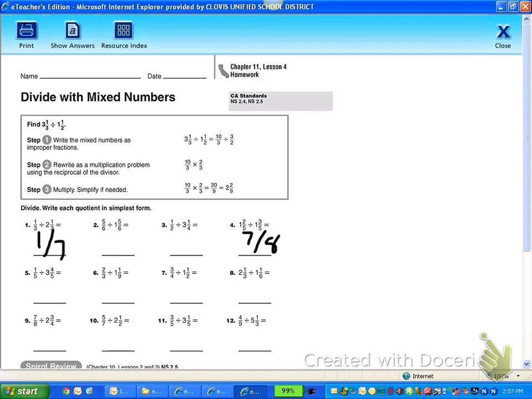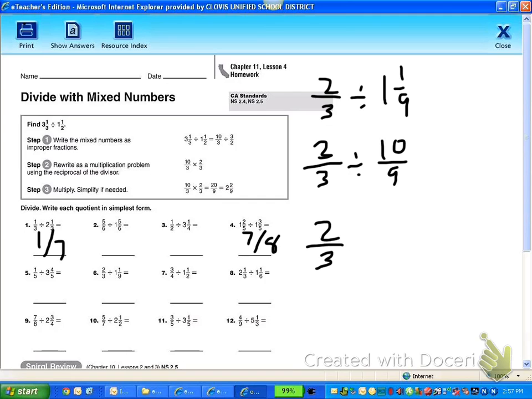Number 6. 2/3 divided by 1 1/9. So it would be 10 over 9. Keep, flip, change.